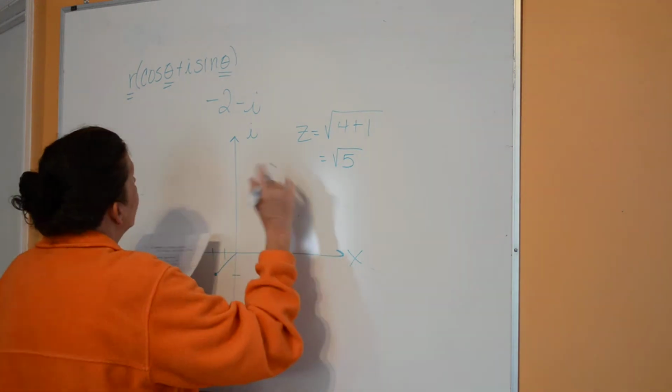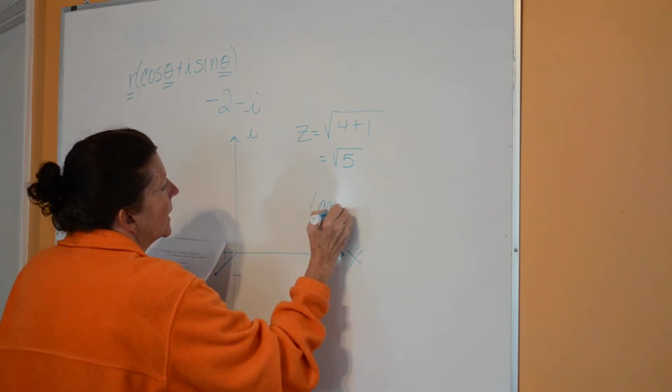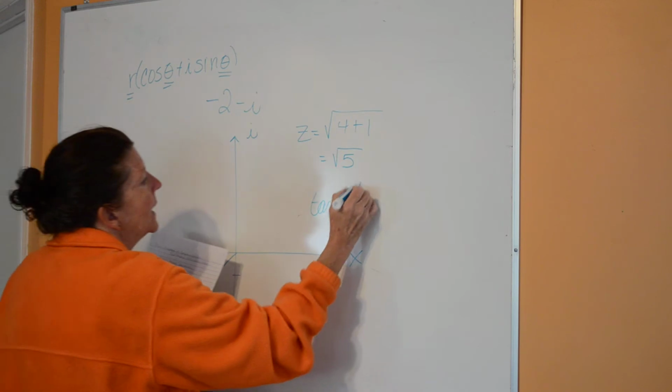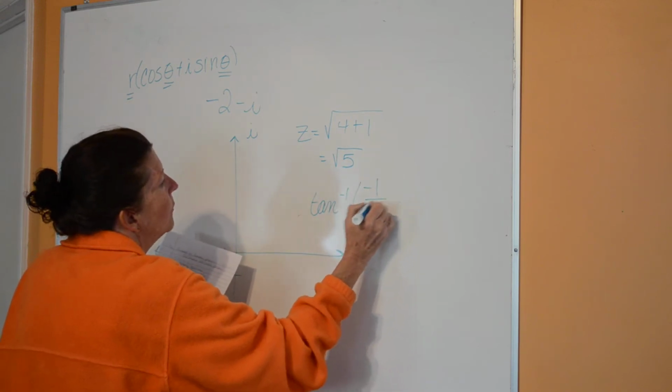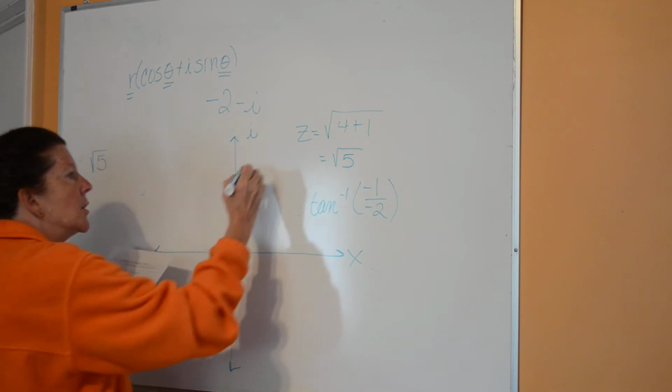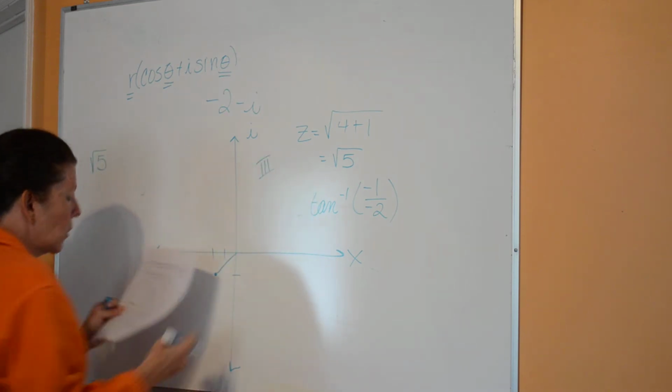Now I'm going to find the angle, same way I've been finding the angles, the inverse tangent of -1 over -2. Now if they're both negative, you know it's going to be in the third quadrant.